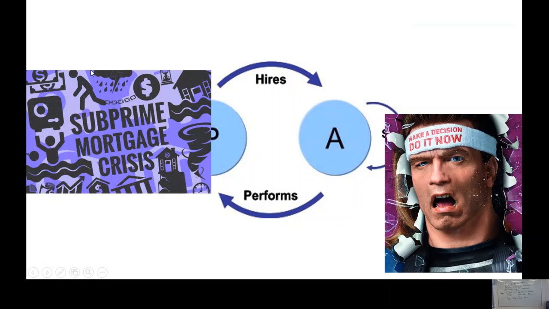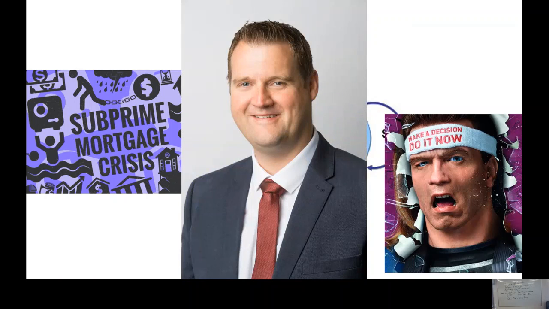The PPI scandal was linked to some of the subprime examples. So banks behaving irresponsibly and creating issues in the economy. And if you had Chris Buck as your business studies teacher last year, or this year, ask him about his role in the PPI scandal and how he was part of the principal agent problem.